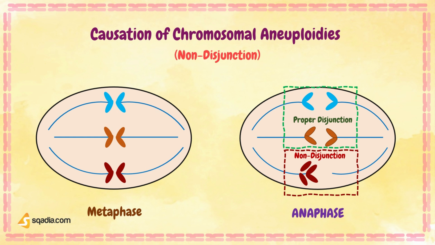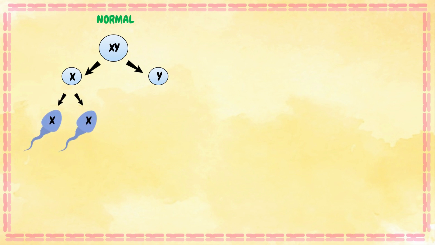Moving forward, this side is for normal. After meiosis 1, in normal, there is proper disjunction. Then meiosis 2 occurs. Sperm with X chromosome and sperm with Y chromosome are produced, and then fertilization of egg with sperm occurs.